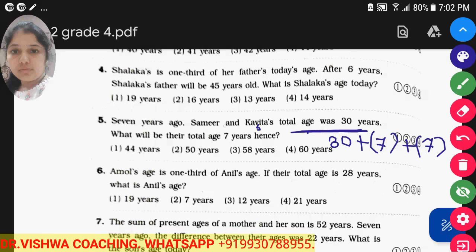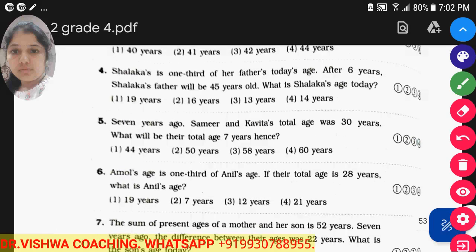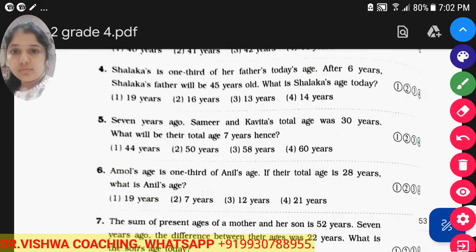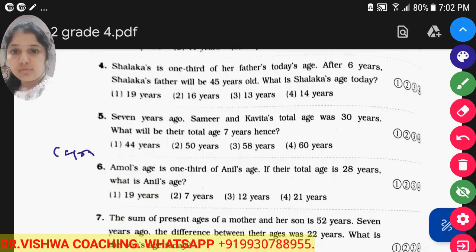Because the age of both will increase by 7 years, but 7 years ago this age is given. Okay, now to calculate the current age, we have to add 7 and 7 to it, so it becomes 30 plus 14 is equal to 44 years, the total of their present age.